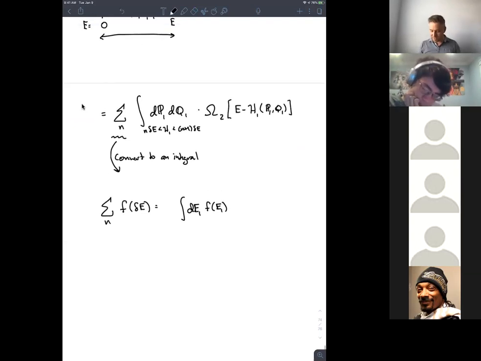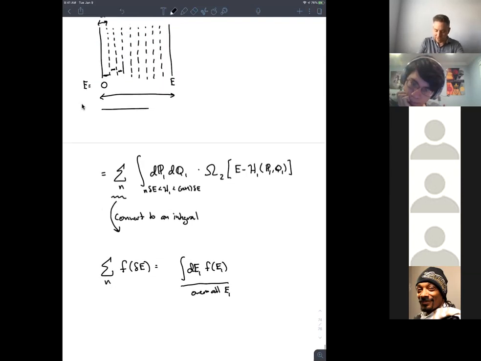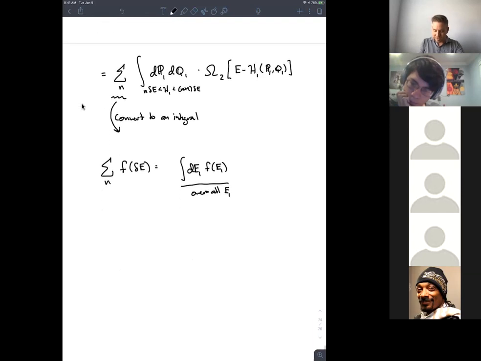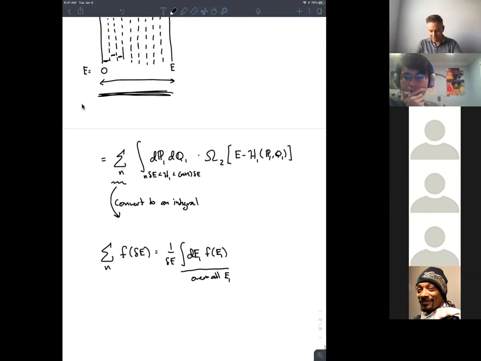So again, this is integration over all allowed values of E1. So in other words, that's integration over this whole space. So I'm trying to say it's equal to this. Okay, so in other words, each one of these little integrals is equal to the total integral divided by the width of the little hunk.